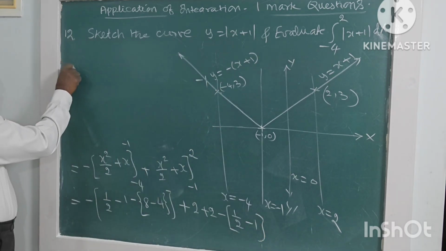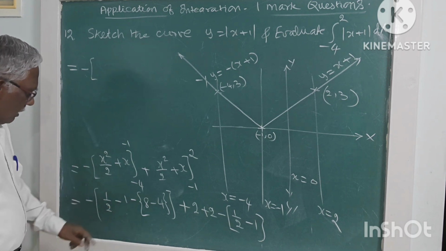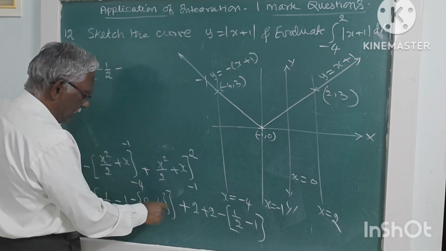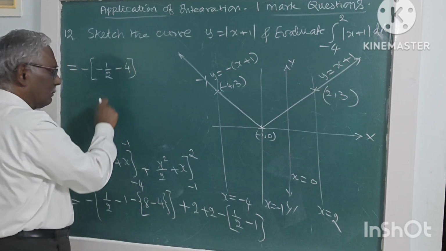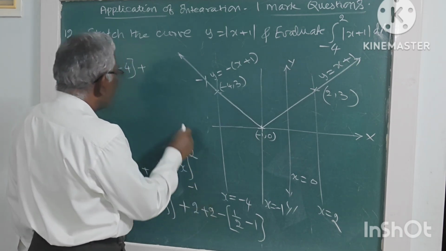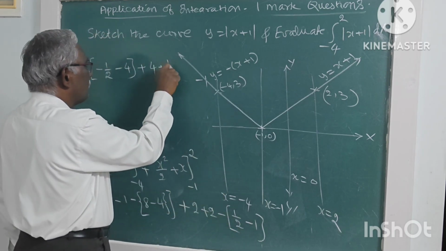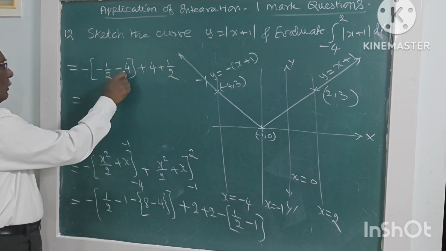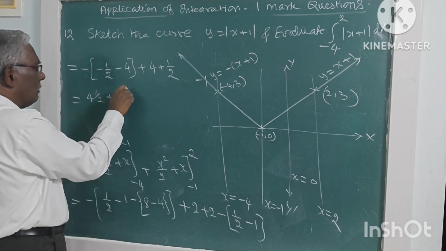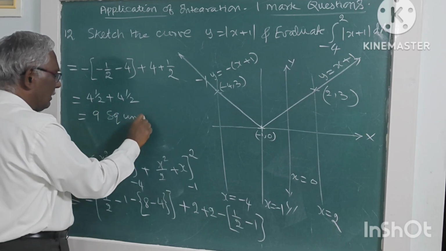This is equal to minus of, this is minus half, minus 8 minus 4 is 4, minus 4, plus 2 plus 2, 4. This is minus of, so plus of. So 4 and a half plus 4 and a half is equal to 9 square units.